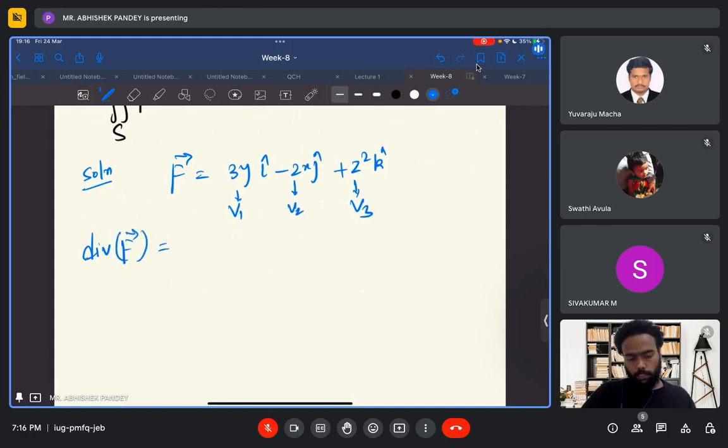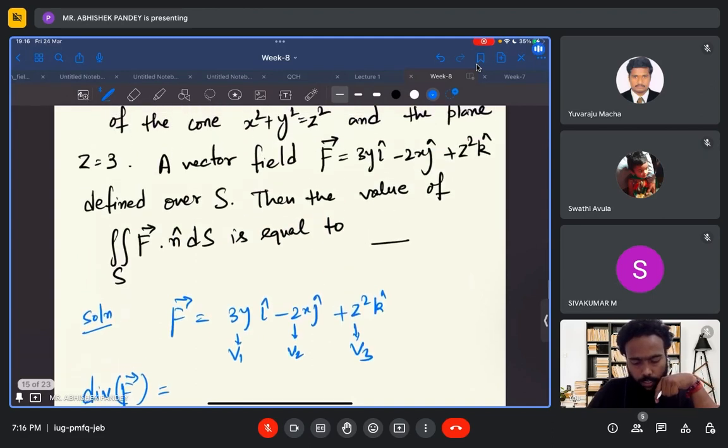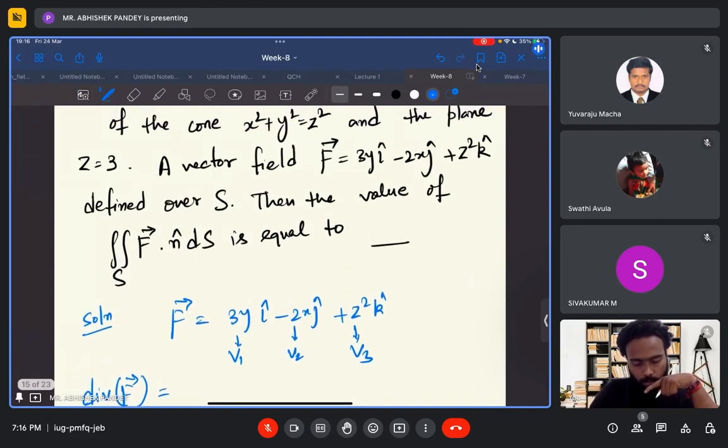So again the divergence of F is 0, 0, and 2z. Can anyone tell me what will be the divergence of this one? 2z. Yeah.